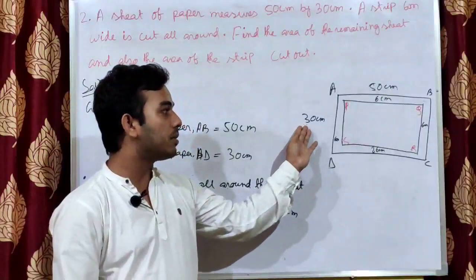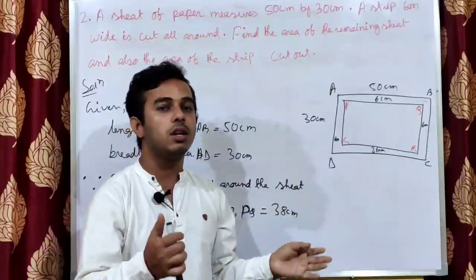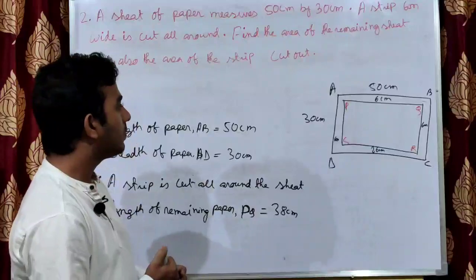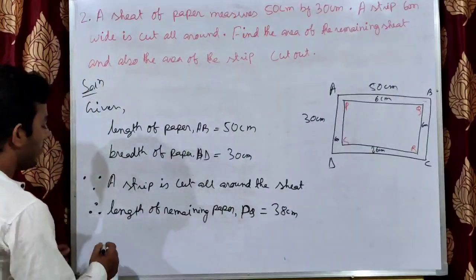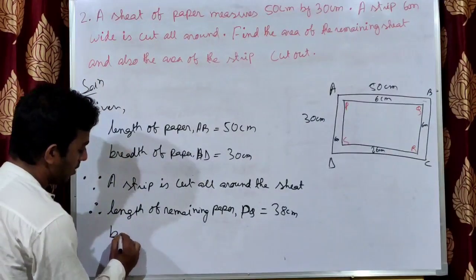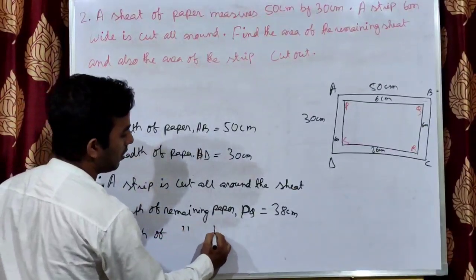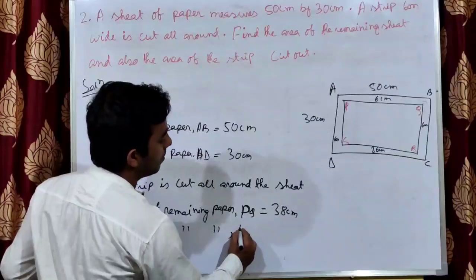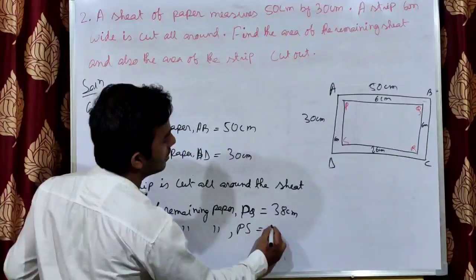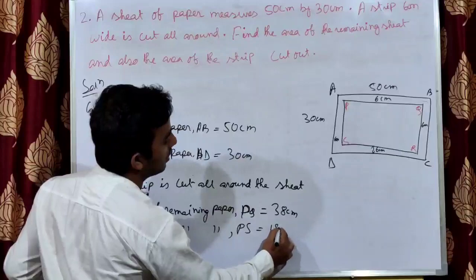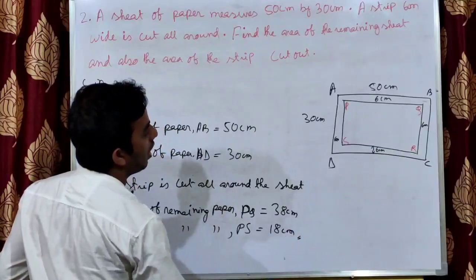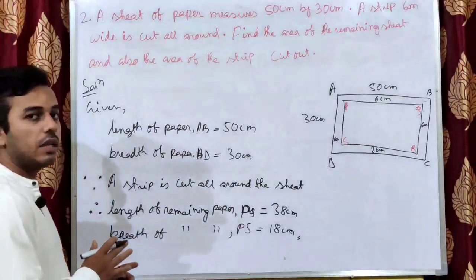So if we subtract 12 from 30, it will be 18, right? So we will write breadth of remaining paper, that is PS, is 18 centimeter. I hope up to this it is clear to you.